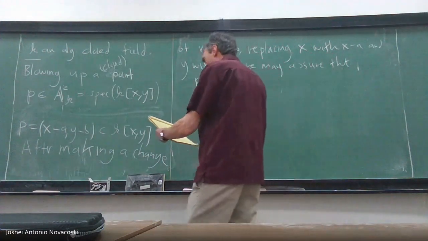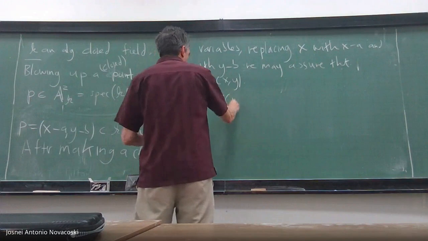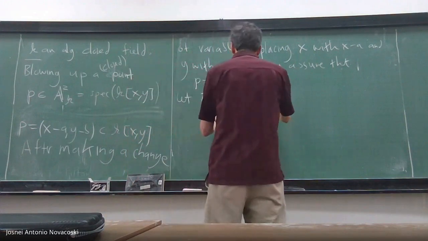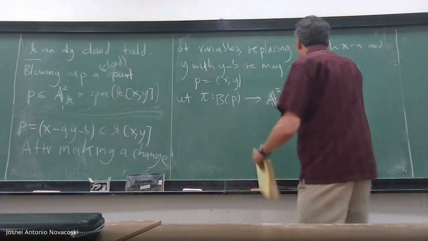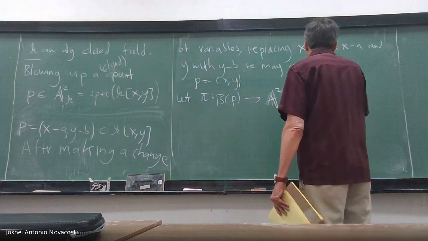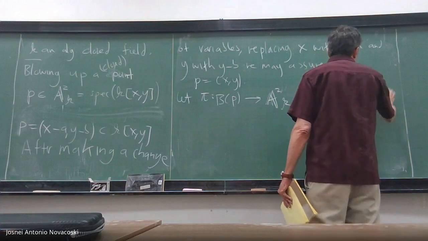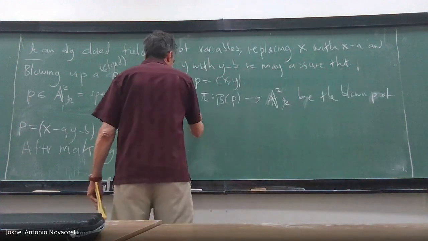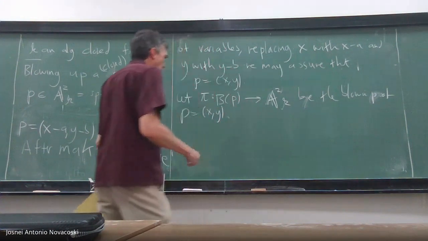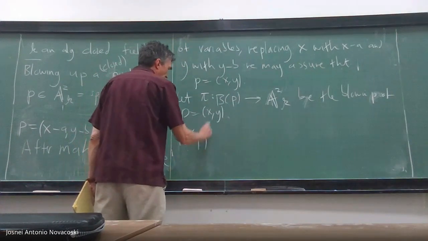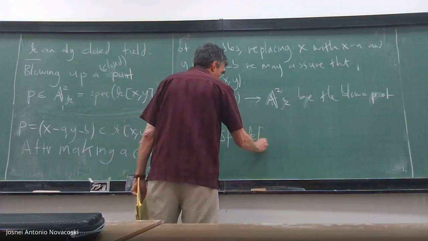Now let pi from the blow up of the ideal P into A^2 be the blow up of the ideal P. Remember what we said: this is an ideal with two generators, so this is going to be a union of two affine charts.